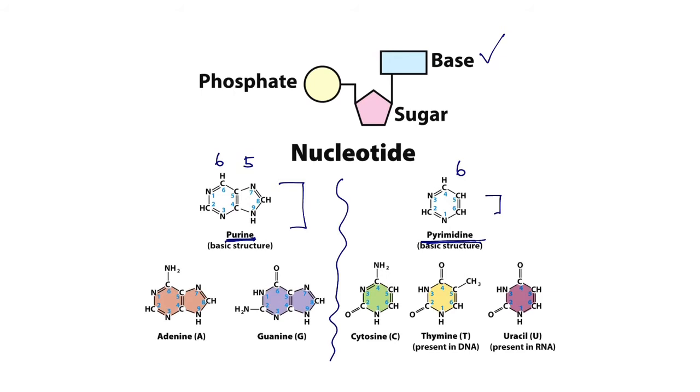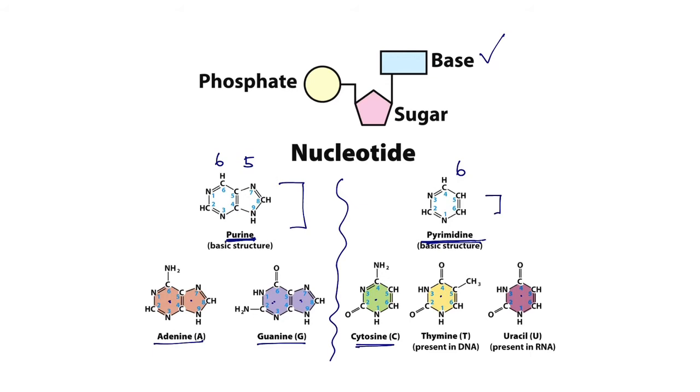Okay. There are two purines which are present in both DNA and RNA, and that's adenine A and guanine G. You can see both adenine and guanine have two rings. They have the general purine structure. And then pyrimidines, there are three different pyrimidines that we'll talk about.